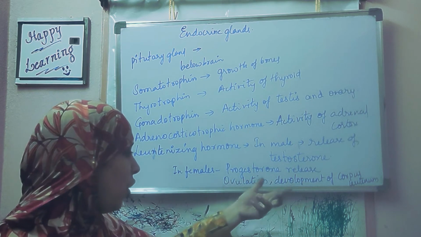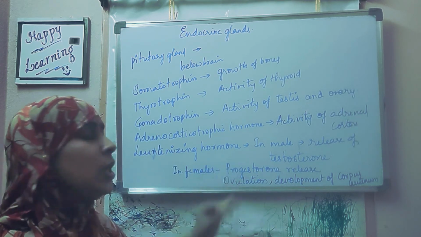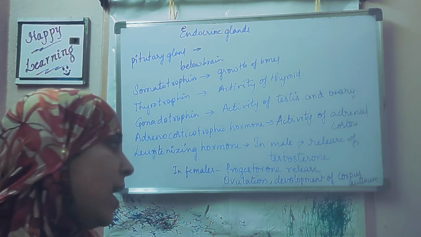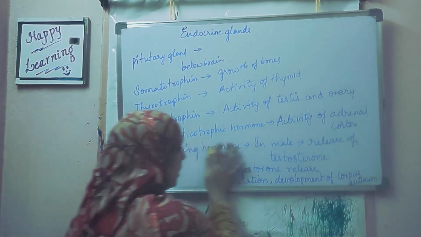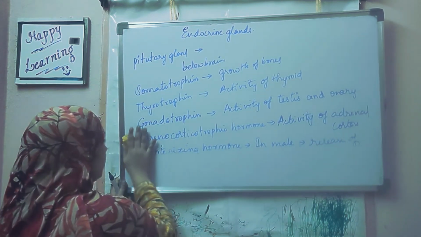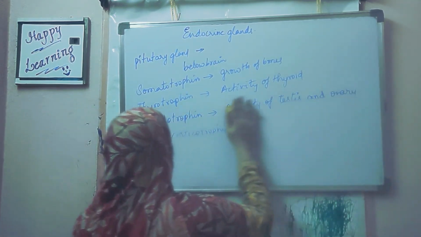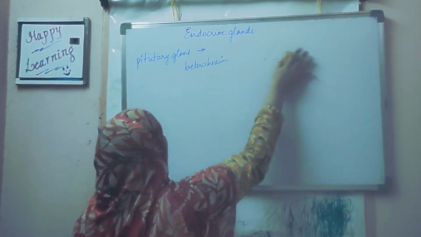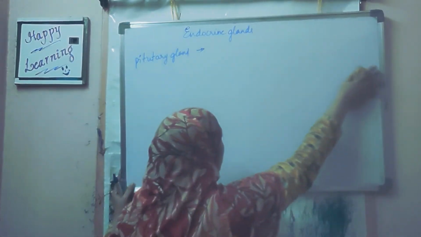For formation of corpus luteum also, luteinizing hormone is very useful. Okay. Next hormone that is released by this pituitary gland is follicle stimulating hormone.